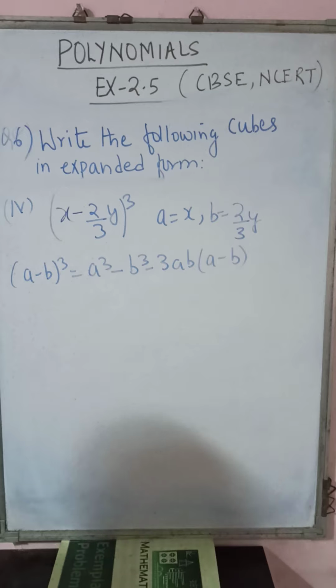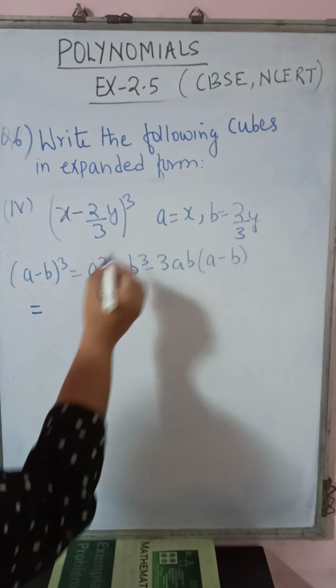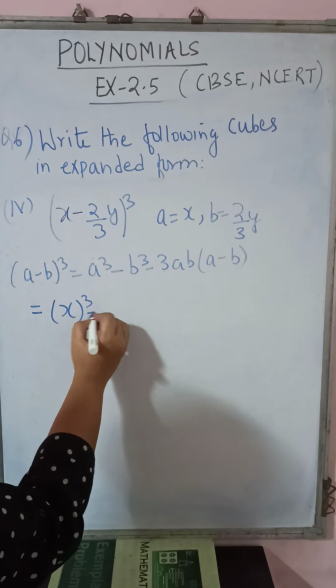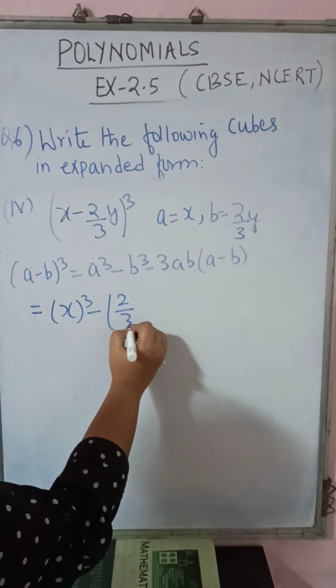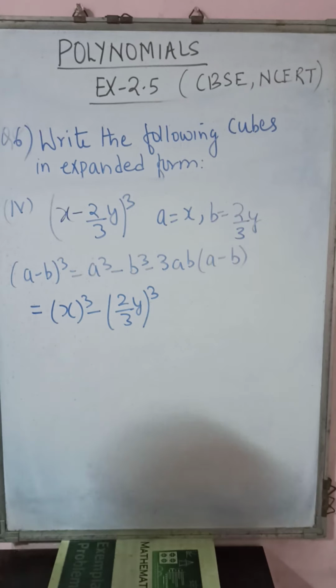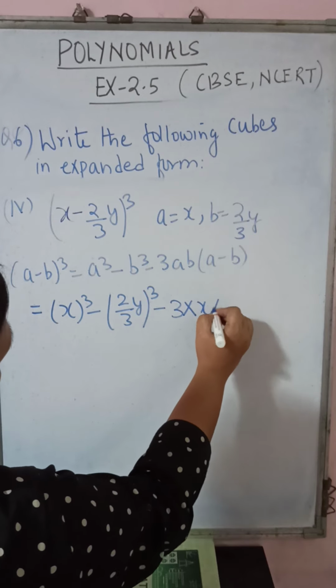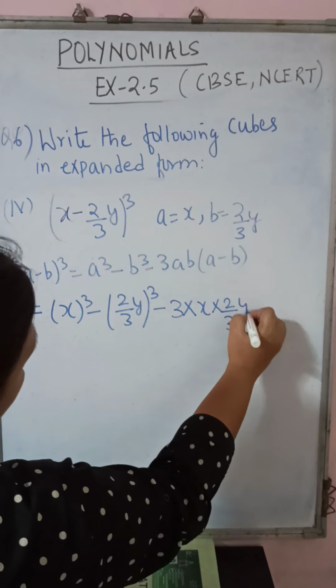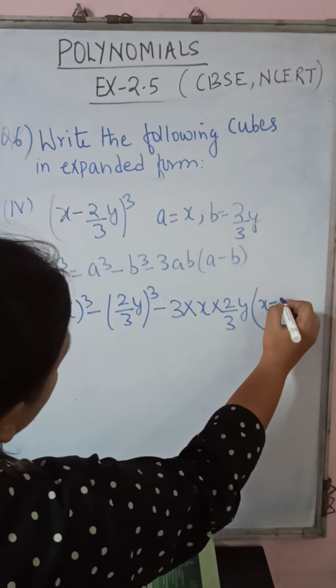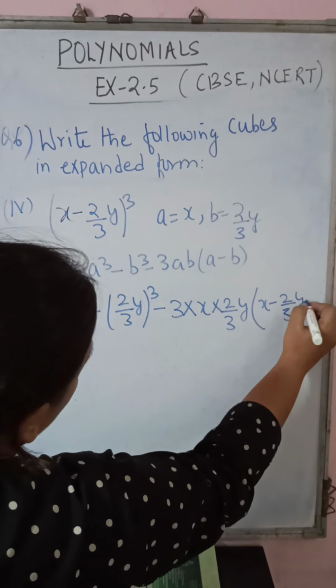So a cube, a is x, so x cube, minus b means (2 by 3y) whole cube, minus 3 into, what is a? x. What is b? 2 by 3y. a minus b means x minus 2 by 3y.